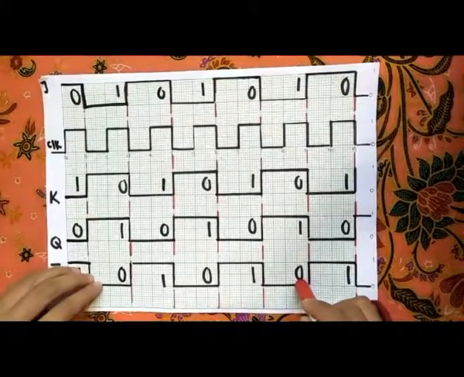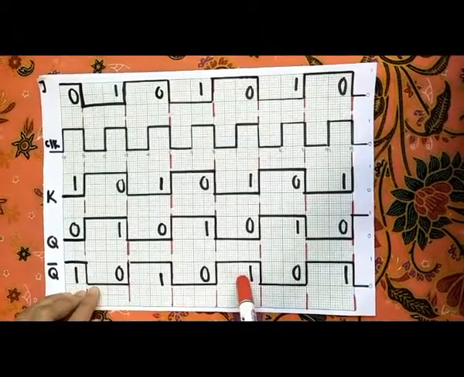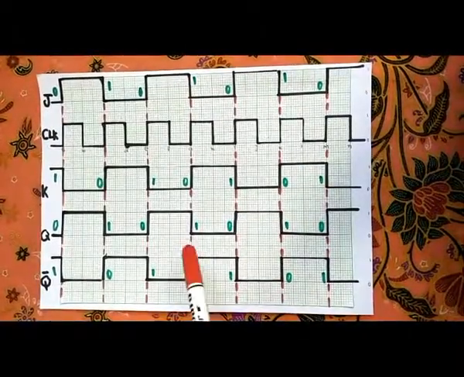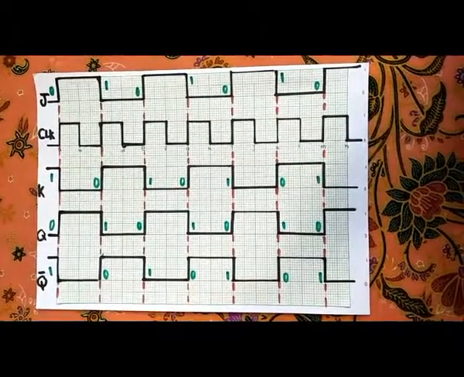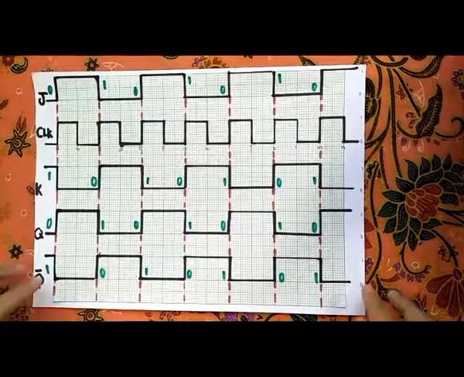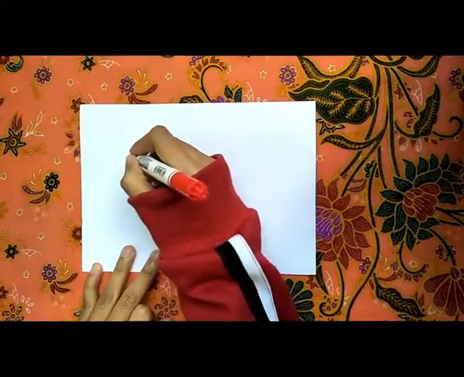This is the Q output waveform in the two cases. This is for NGT and this is for the PGT waveform. And then, the frequency of the Q output waveform in the two cases is equal to half. Okay, now let's calculate the frequency.